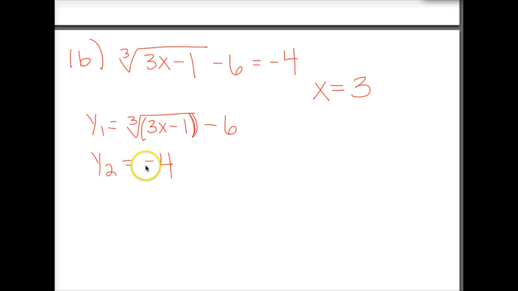Please remember that the negative sign and the subtraction sign are not the same. You need to use the negative sign if you want to get this right. So then you can graph it. A standard window should work fine for being able to see the graph. Once you can see the graph, you should have gone to second trace and then chosen intersection.